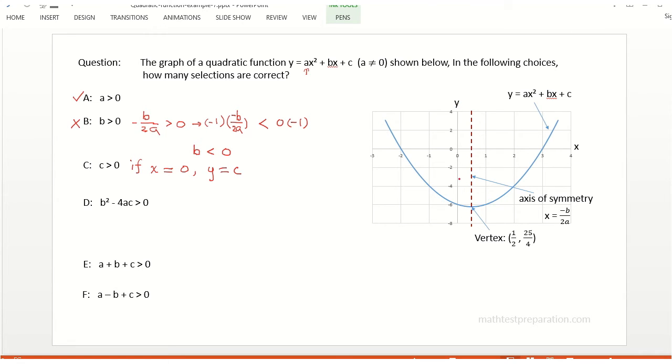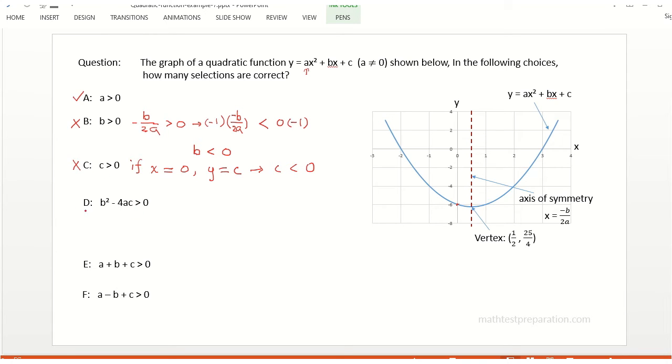So the y-axis intersects with the graphic at this point. So c is a negative number. C is -6. So c is less than 0. So choice C is not correct.